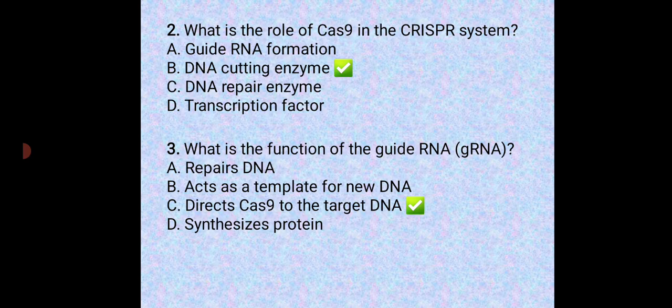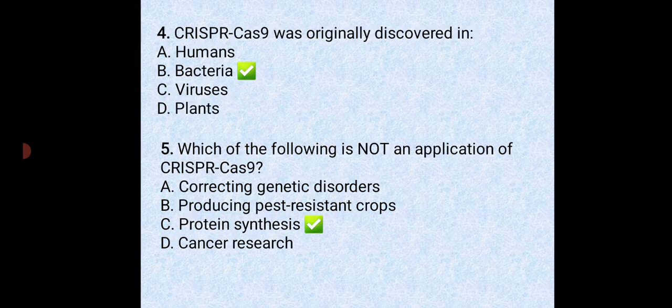And third question, what is the function of the guide RNA, that is also called gRNA? Repairs DNA, acts as a template for new DNA, directs Cas9 to the target DNA, and synthesizes protein. The correct answer is directs Cas9 to the target DNA.